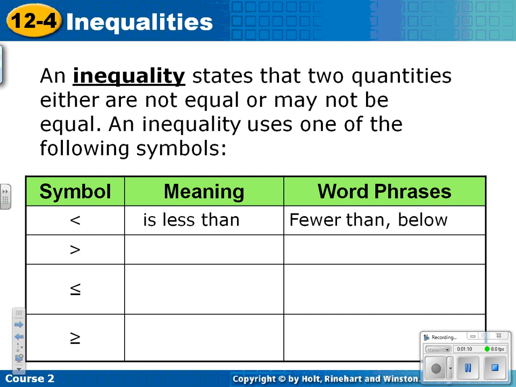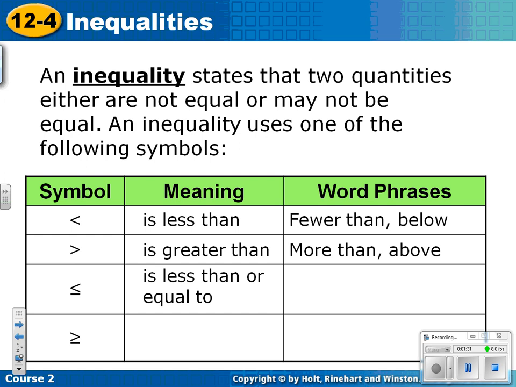What's the next one? The next one is greater than. Okay? What is the next one, though? That one, that little symbol with a little line underneath it. We talked about it. Less than or equal. That means less than or equal to. Okay? So it's a less than symbol with half an equal sign on it. It's less than or equal to.